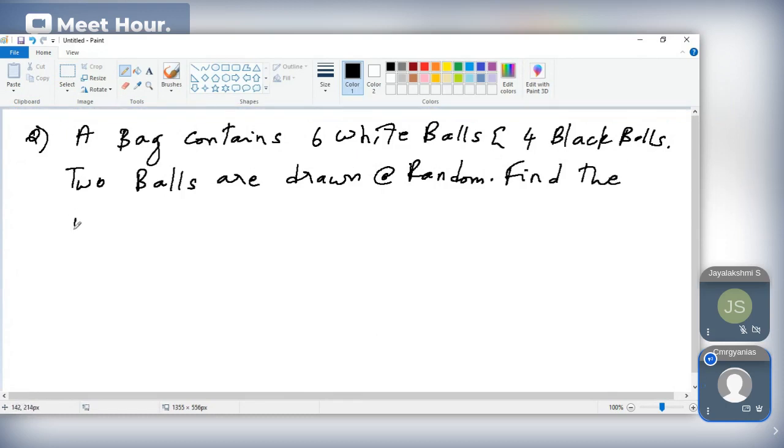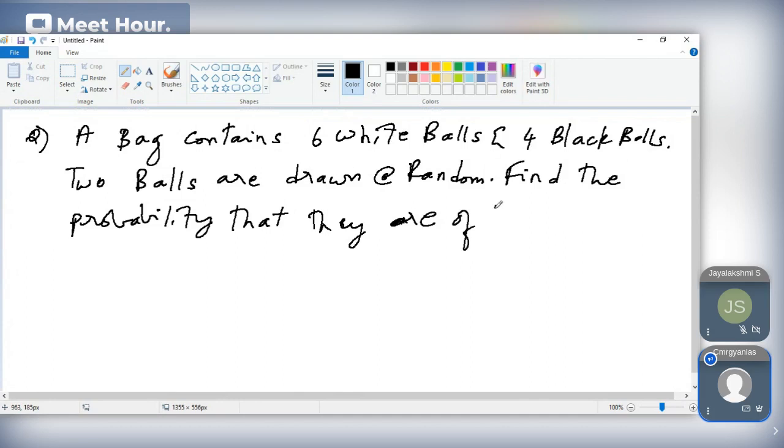Find the probability that they are of the same color.